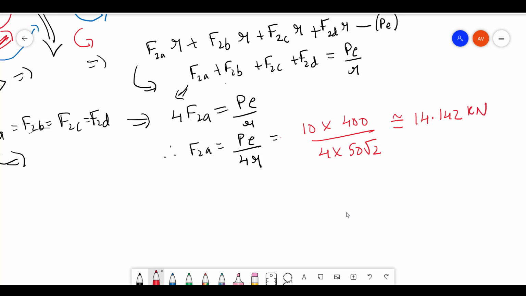So your primary shear was 2.5 kilonewton shear force basically, and secondary shear was 14.142 kilonewton.